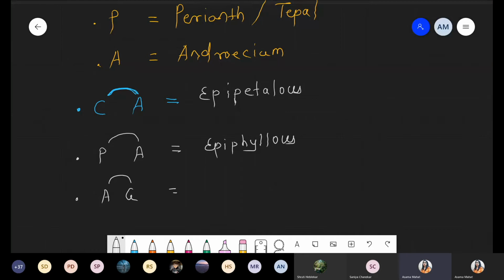And finally, the last point, androecium attached to gynoecium. Simply it is called gynandrous condition. Ma'am, please scroll up a bit.